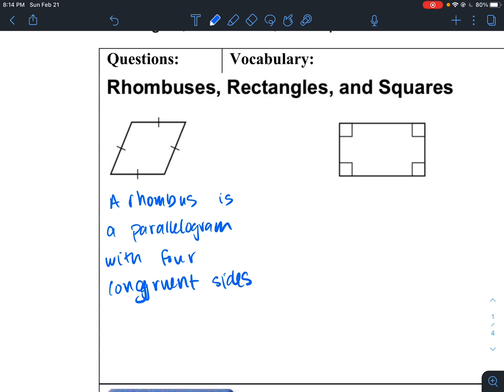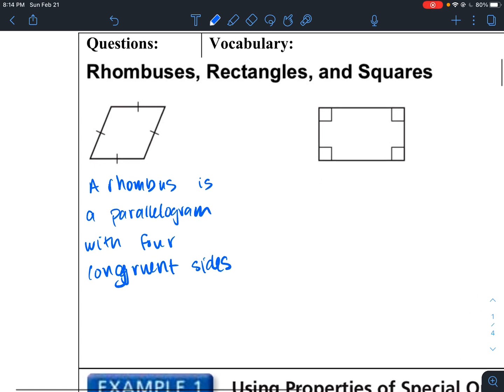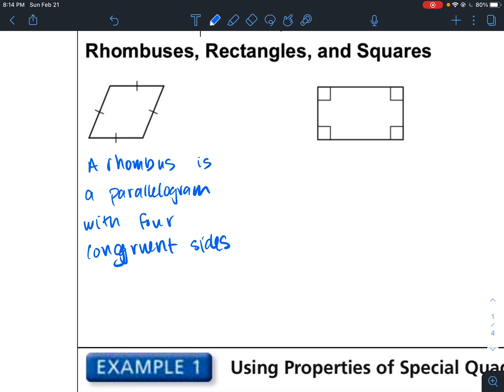So we learned that any parallelogram has opposite sides that are congruent, but if all four sides are congruent, this is what we call a rhombus. Again, not every parallelogram means that all four sides are congruent, but when all four sides are congruent, this is considered a rhombus.